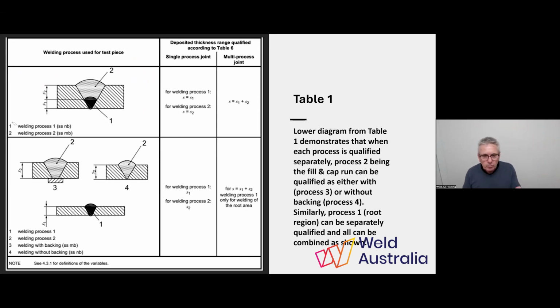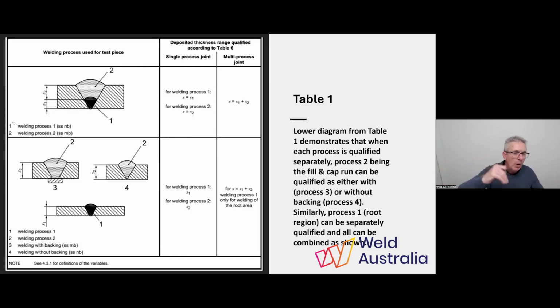So with this table here, it says table 1 demonstrates that when each process is qualified separately, process 2, being fill and cap, can qualify as either with or without backing. So if you look at a butt weld there, you'll see that when we start looking at the range of qualification, single-sided, right? We've done the first one single-sided, and then we'd have a look at the table there to see what covers from single-sided.